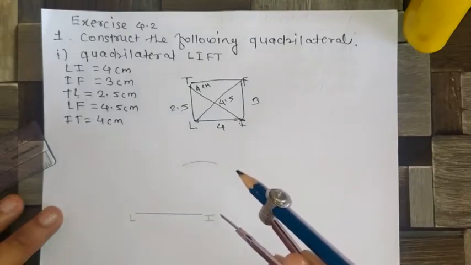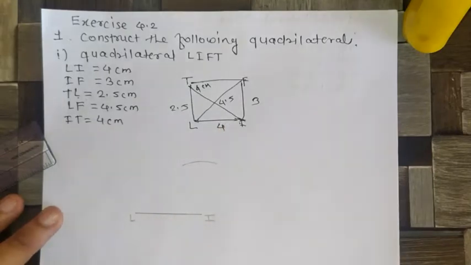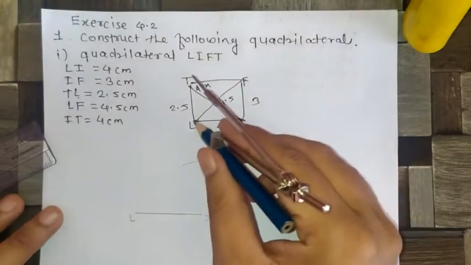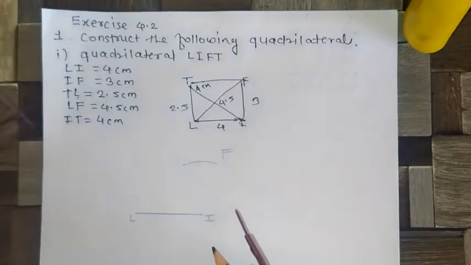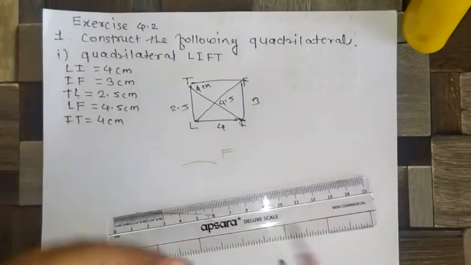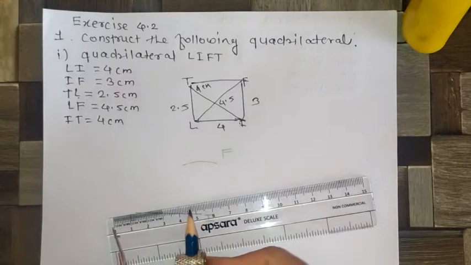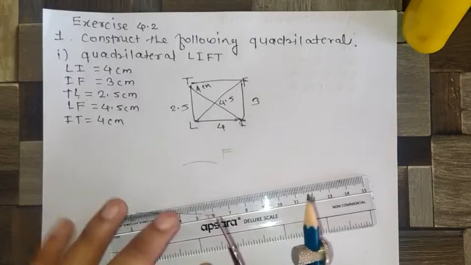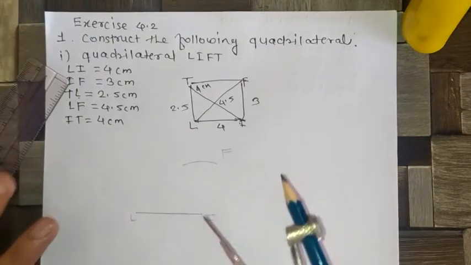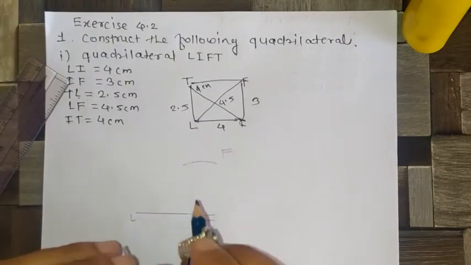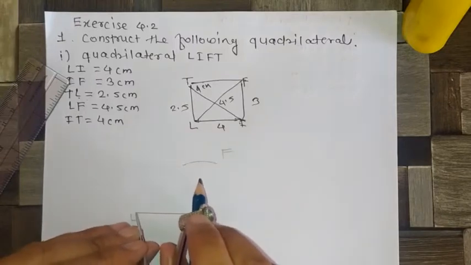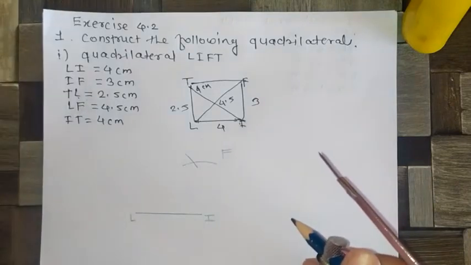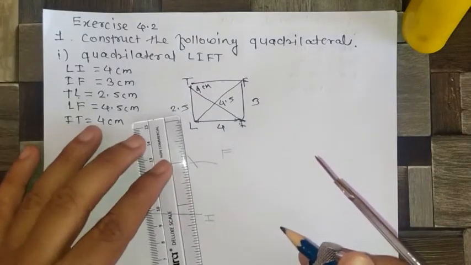Then somewhere here we will get point F. This point is connected with L, so we will get the point of intersection whose measurement is 4.5. So take simply 4.5. Once it is taken, you take from L because we are going to draw LF. Side LF will intersect here. So simply here we got the triangle, so make join that.